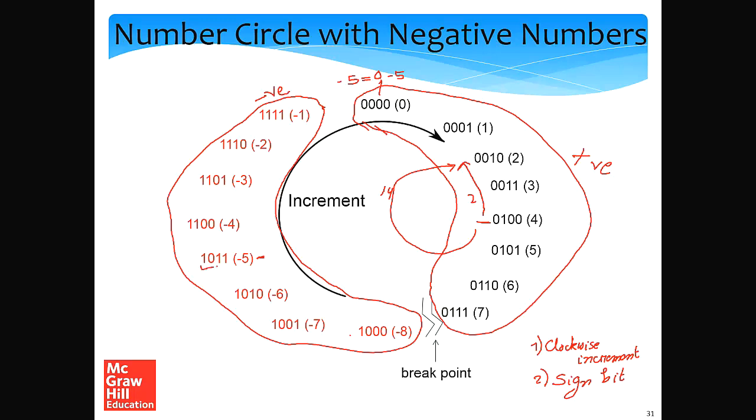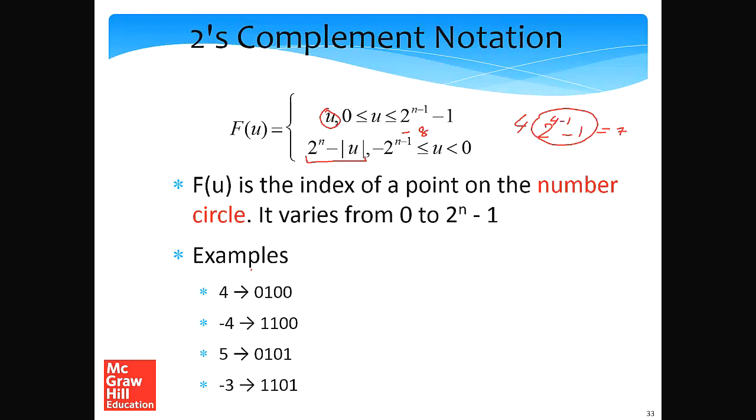And you would see this is exactly the case, that we have 8 plus 2 plus 1, which is plus 11. This is exactly what is being shown in this formula: in the number circle, representing a number u where u is negative is the same as 2 to the power n minus the absolute value of u.